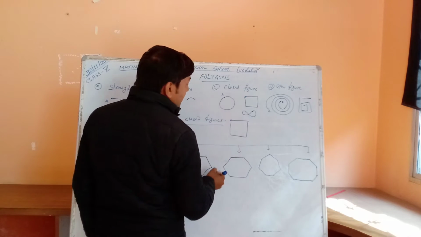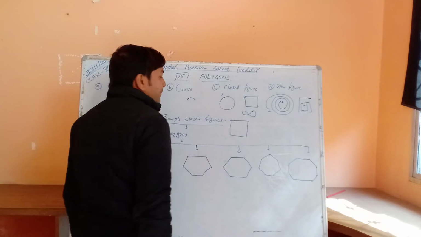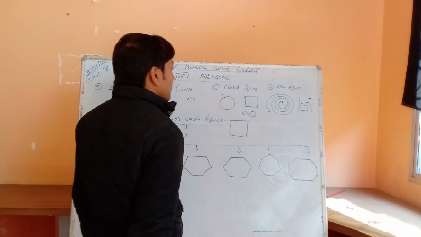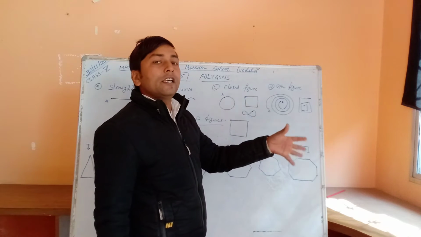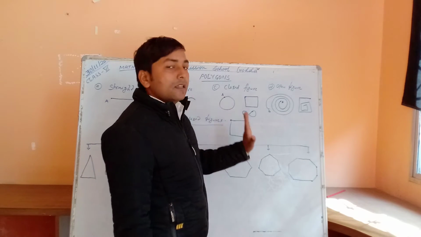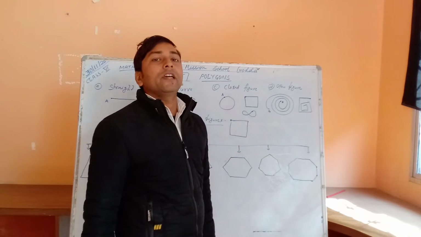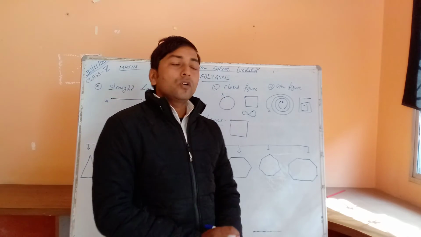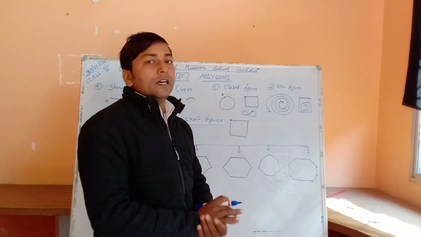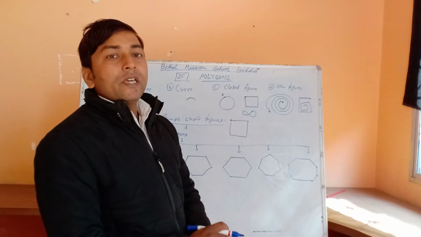The starting point is this and the end point is the same. Starting and end points are the same, and the figure does not cut itself, then the figure is a simple closed figure.